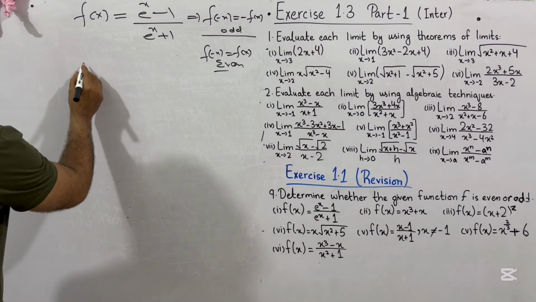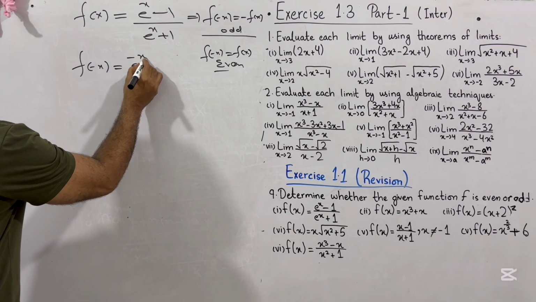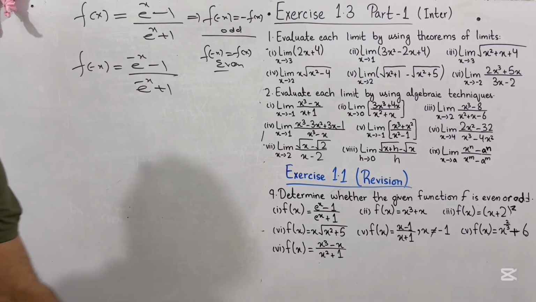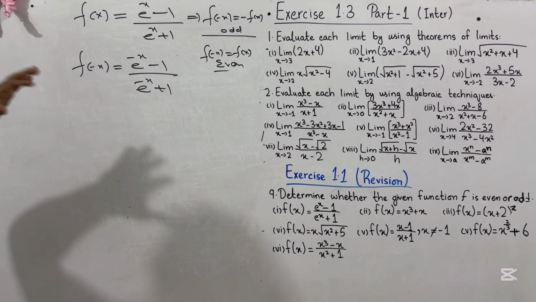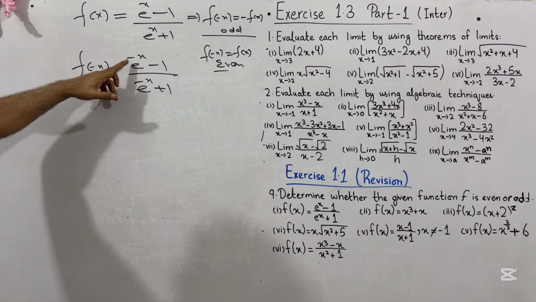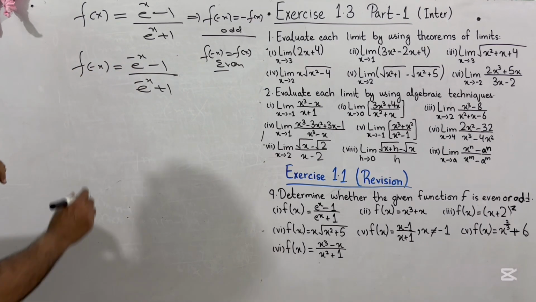Let's see this question. Replace x by minus x. It is e raised minus x minus 1 overall e raised negative x plus 1. How to negotiate this further? It's really very easy. Make the power positive by writing 1 over e power x.